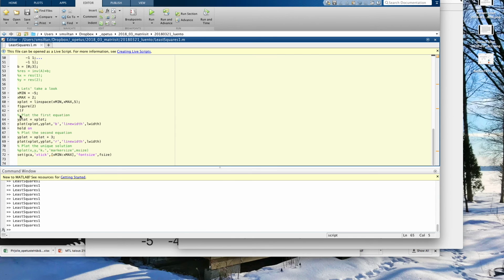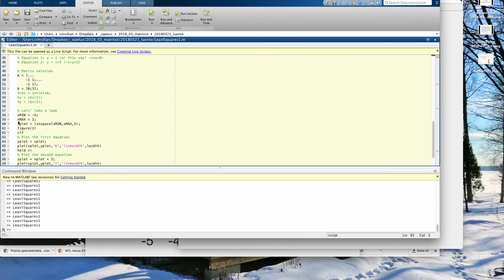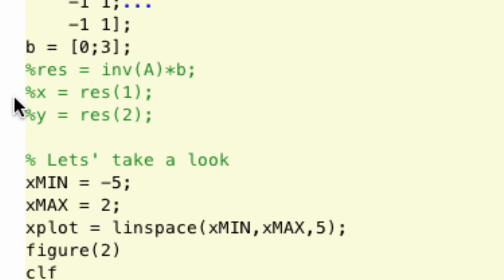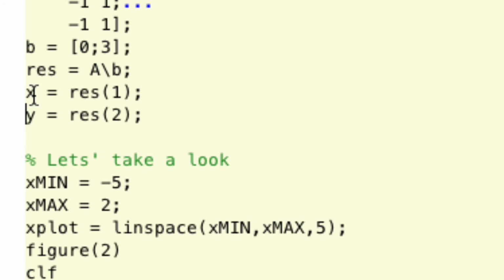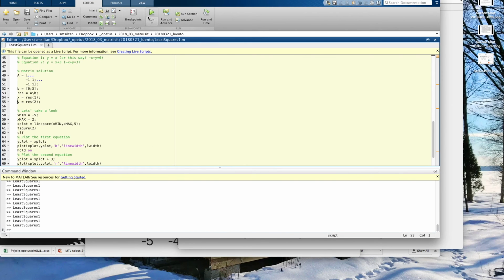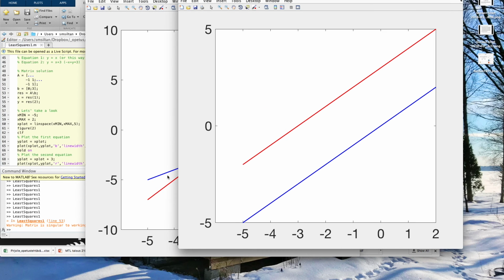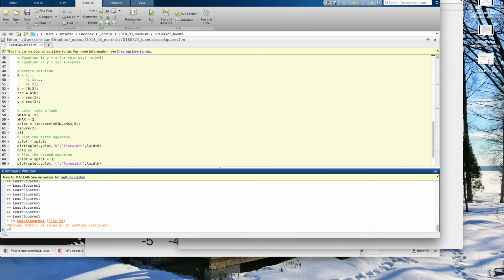There is no solution for this set of equations. Nevertheless, we can use the least squares solution here. A is not invertible, so there is no inverse for A, but we can use the backslash operator. And let's see what happens. Okay. Nothing happened.